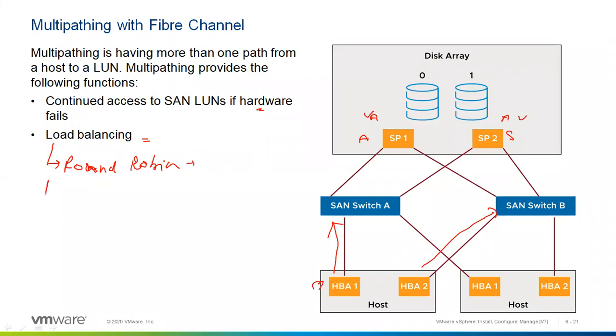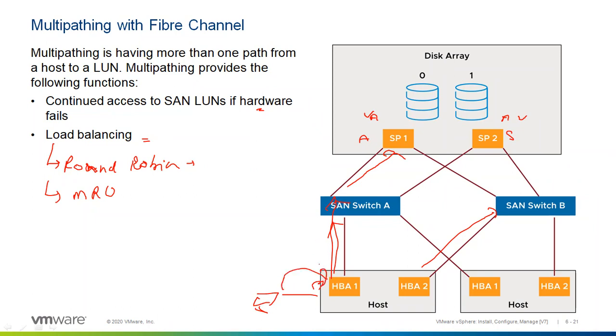The next load balancing mechanism is most recently used. When we say most recently used path, it means, for example, my host is accessing storage via this path. Whenever a new request comes, for example if some VM is trying to write data, that's considered a new request.